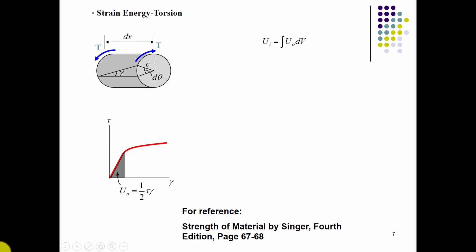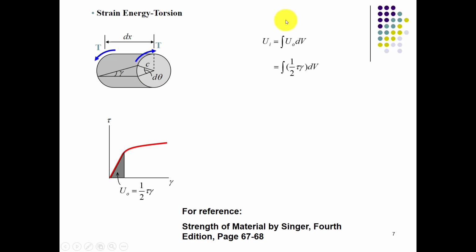So for torsion, the strain energy density is half of tau into gamma. Tau is the shear stress, and gamma is the shear strain, the rotation or twisting. How the shearing stress affects the twisting of that bar element.